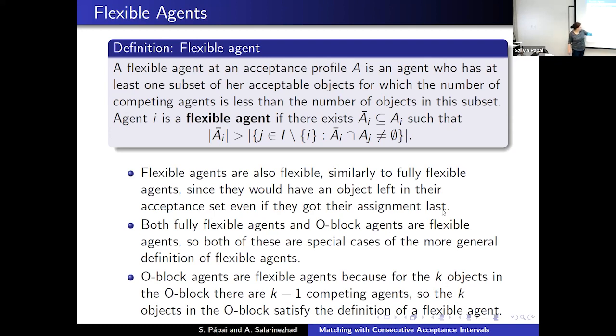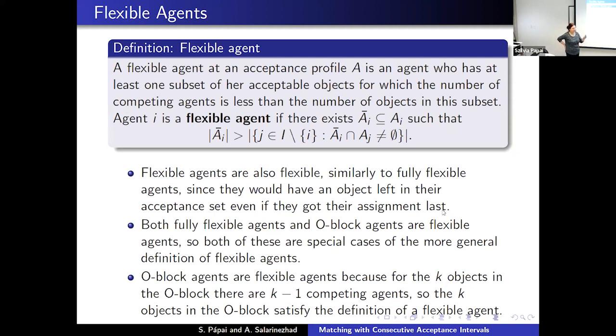And notice that all the agents in an O block are also flexible agents. Why is that? Because in an O block there are exactly k-1 competing agents, so all of the agents in the O block are going to be flexible agents. Wouldn't it be enough to just say that it's less than the number?